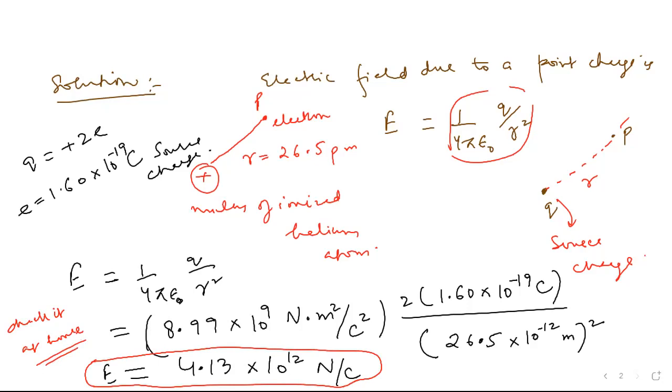So the magnitude of the electric field due to the nucleus of ionized helium atom at the location of the electron, which is 26.5 picometer away, is 4.13 into 10 raised power 12 Newton per Coulomb. And it is a magnitude, and the direction will be radiating outward because the nucleus is positively charged.